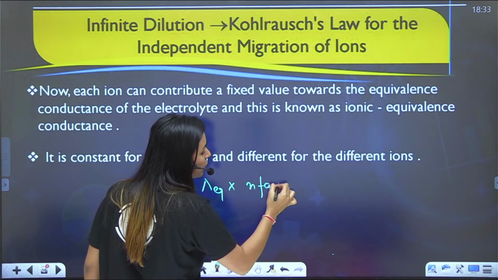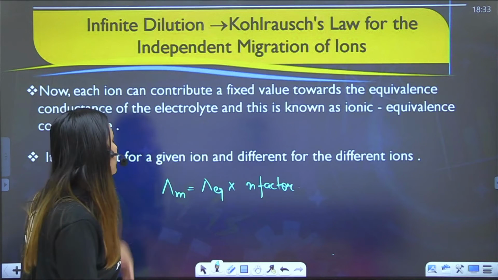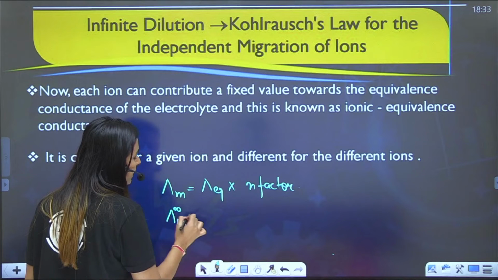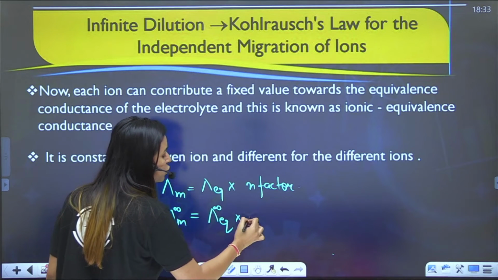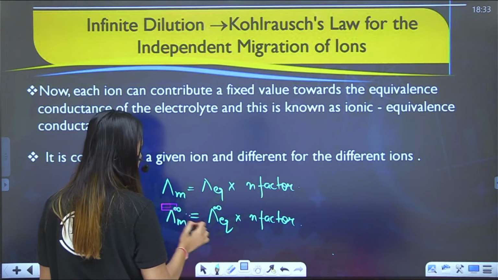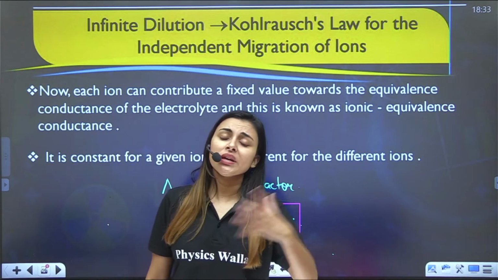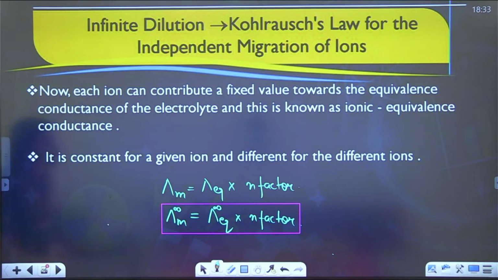I made you understand how to calculate the n factor as well. Similarly, my dear students, molar conductivity at infinite dilution will be equal to equivalent conductivity at infinite dilution into n factor. You need to know this formula, because if you know one conductivity, you can calculate the other just by multiplying by the n factor. Just write it, and then we'll move forward.